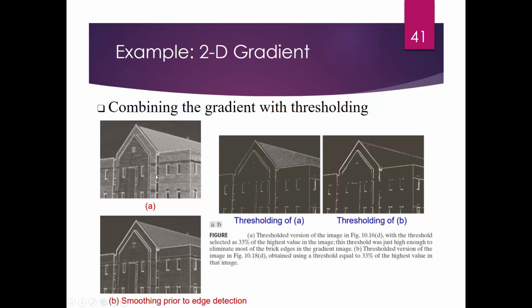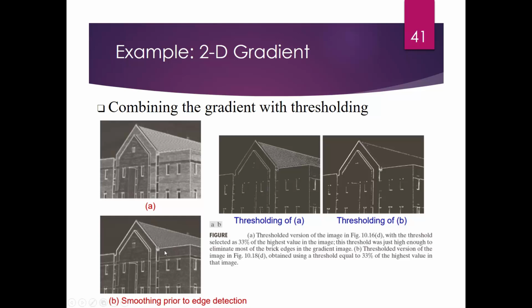Here we can see in this figure there are a lot of brick details, and we do not need those details. So we put a thresholding condition that if T is greater than or equal to 33% of the maximum intensity value, then this figure corresponds to the result after the threshold operation.